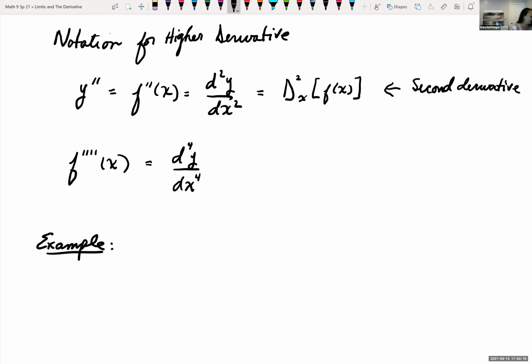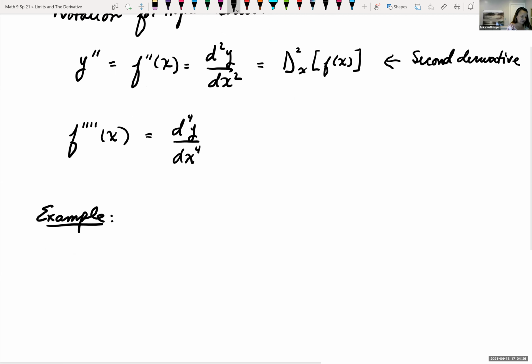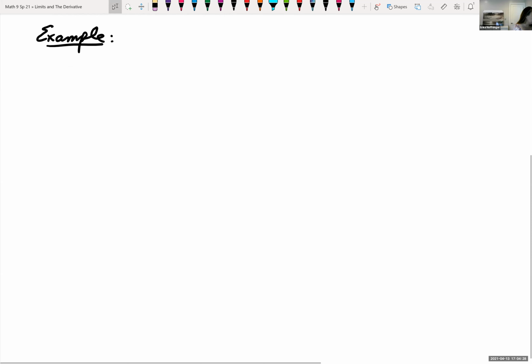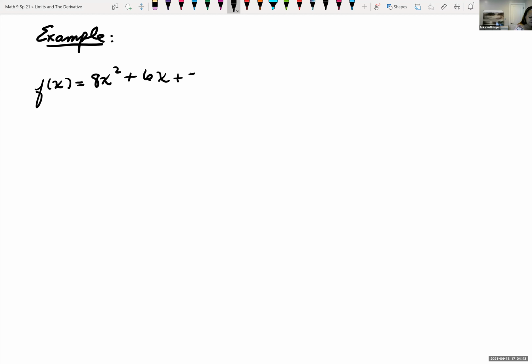It says find the second derivative for each function, and then find the second derivative at 0 and the second derivative at 2. So let's look at, how about f of x equals 8x squared plus 6x plus 5.